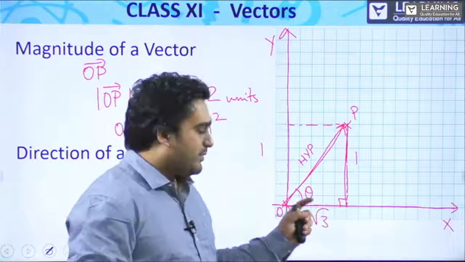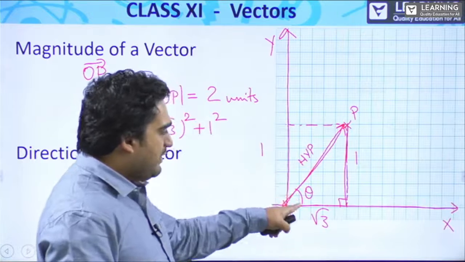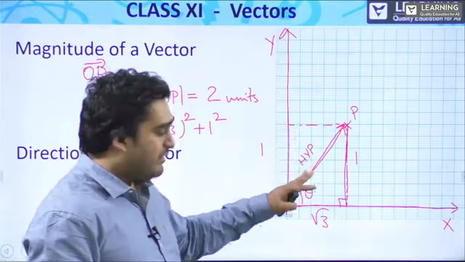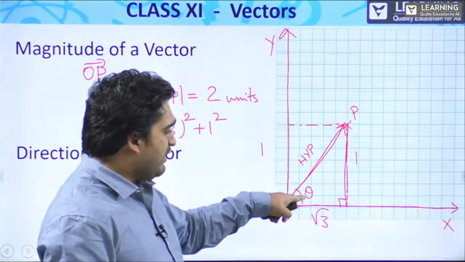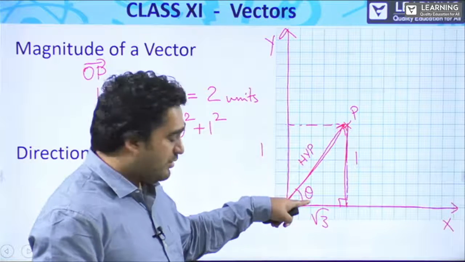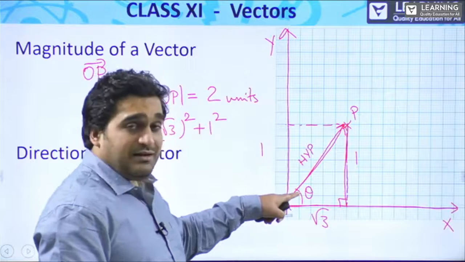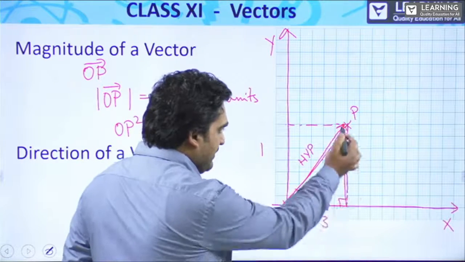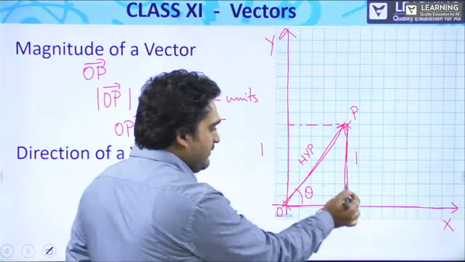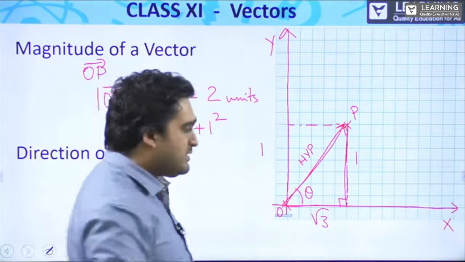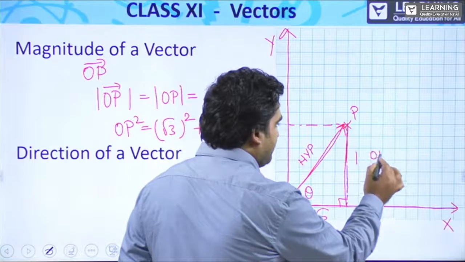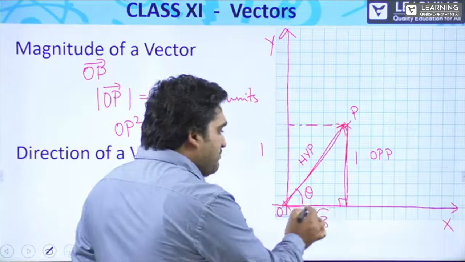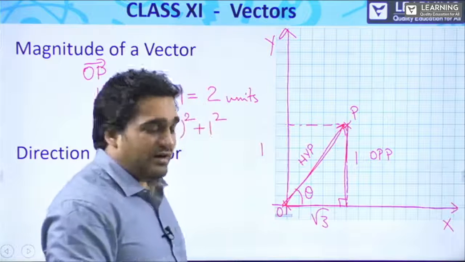Rule number 2. Identify the angle where it is located. Now you don't have to worry about the hypotenuse. The line that is opposite to this angle, this line here, is the opposite side. And the line that is beside the angle is called the adjacent side.